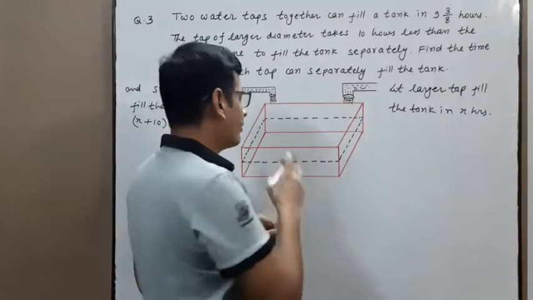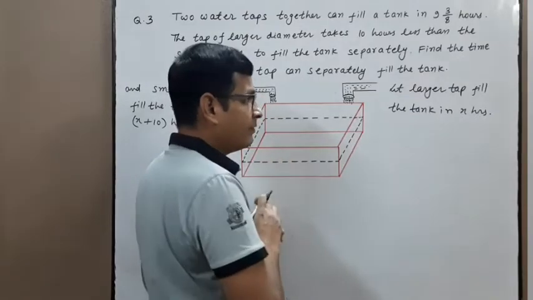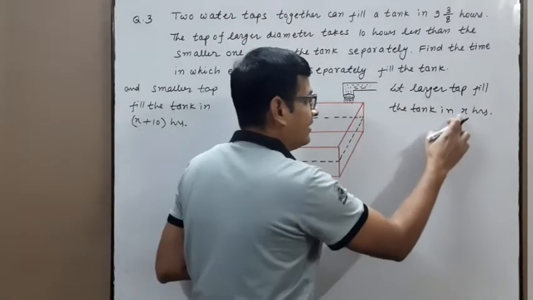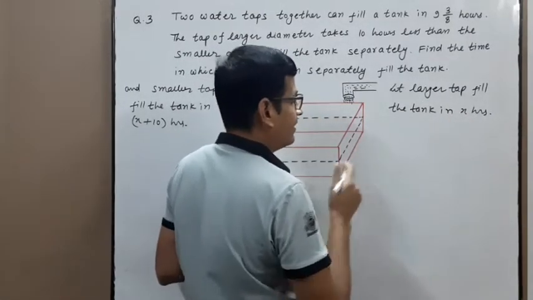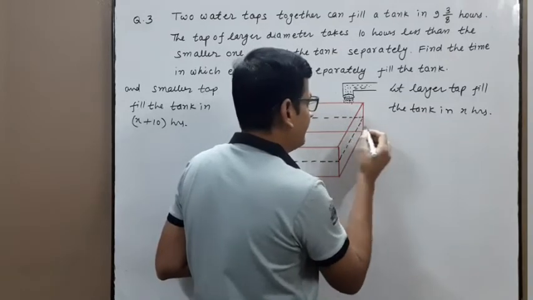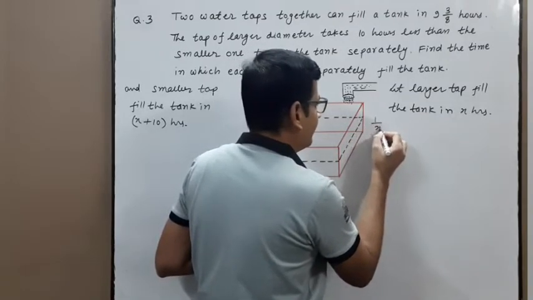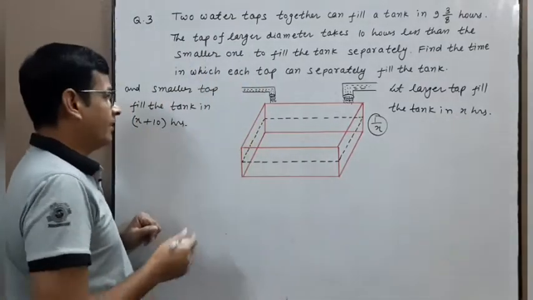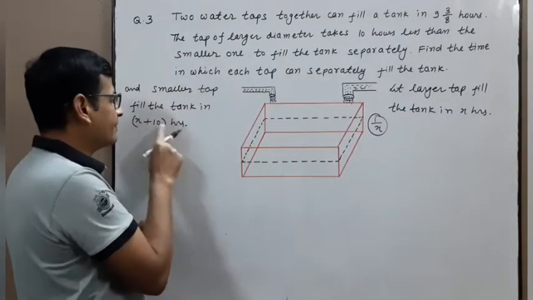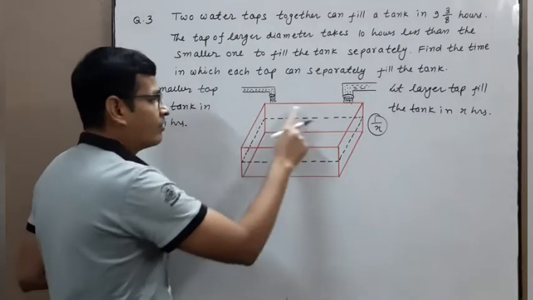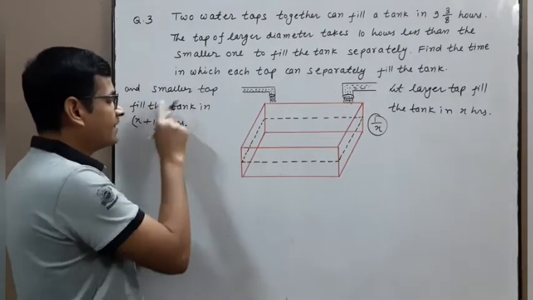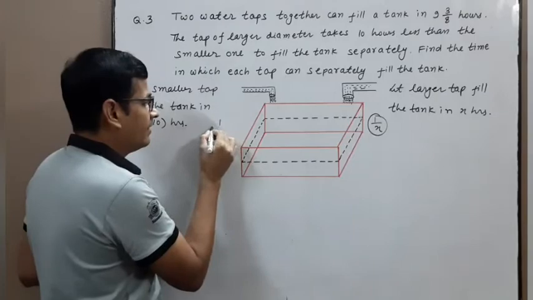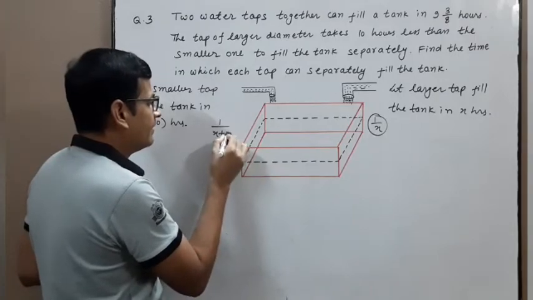Similarly, the portion of the tank that can be filled by the larger tap in 1 hour is equal to 1/x. And the smaller tap fills the tank in x plus 10 hours, so the portion filled by the smaller tap in 1 hour is 1 upon x plus 10.